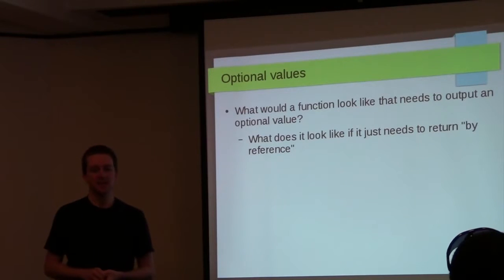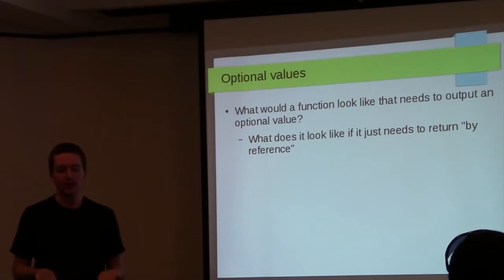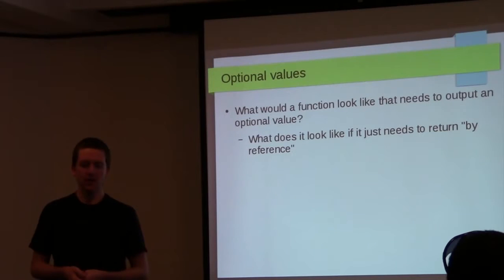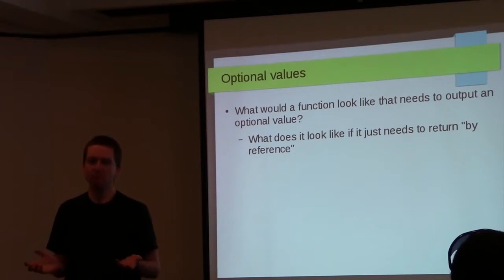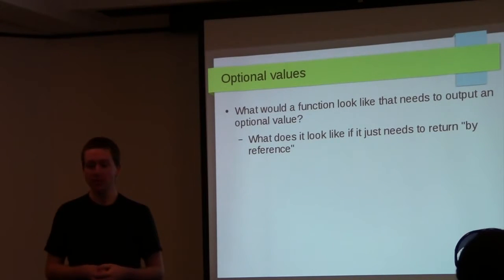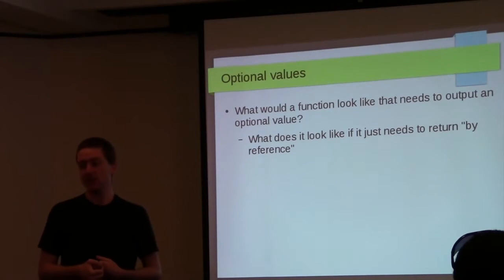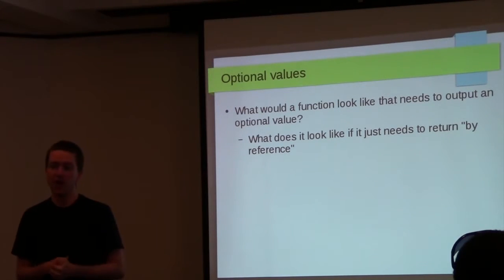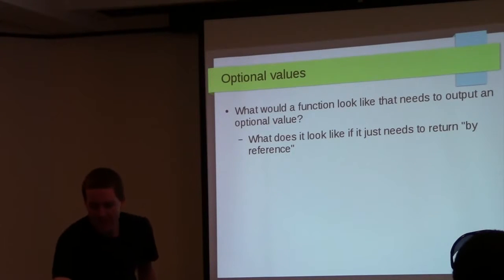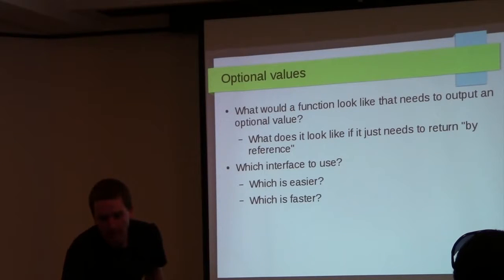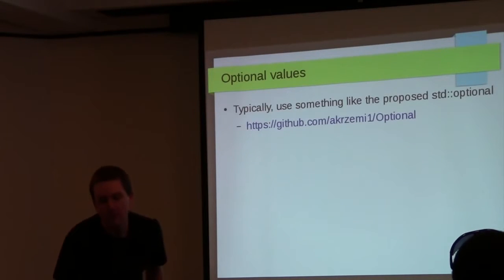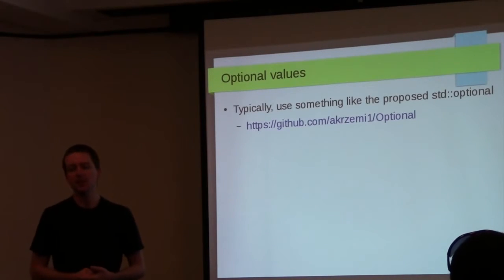Okay, so his answer was that he would just return a raw pointer to get the optional semantics, or maybe just a reference to const if it doesn't have to be optional. And I agree with that. That would actually be my recommendation for how to return an optional reference to something. And if you need to grant ownership, then in general I would say use something like the proposed standard optional.